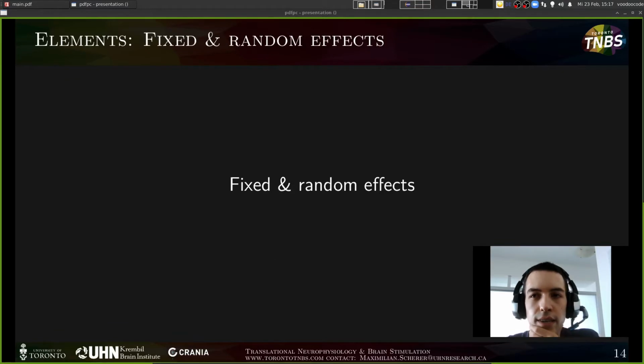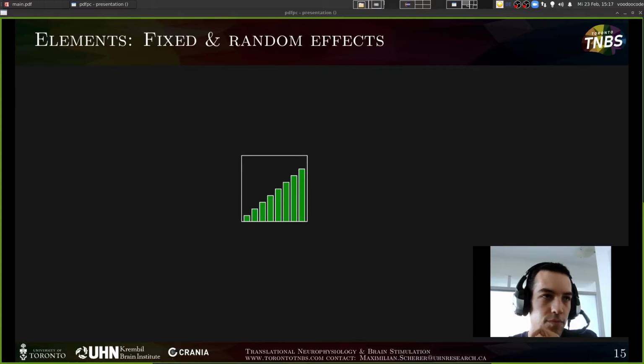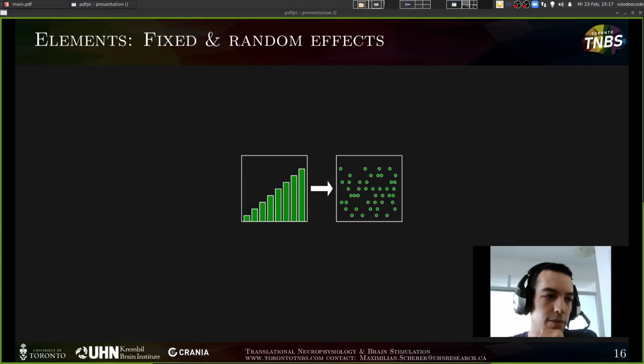And the other concept we have with our factors is whether they are either fixed or random effects. Let's start with a fixed effect, where we have a certain number of levels that this effect can have, and on the right side here we see a distribution of samples we got from this factor.